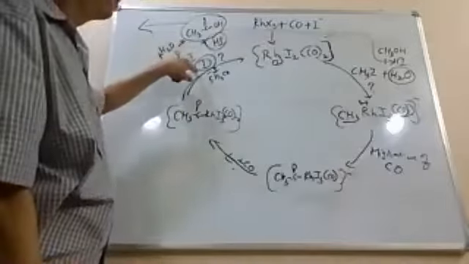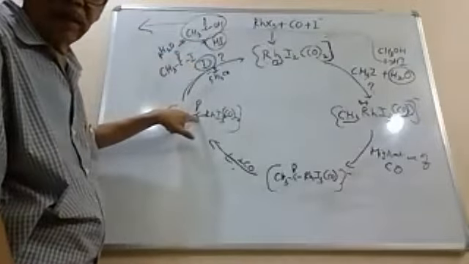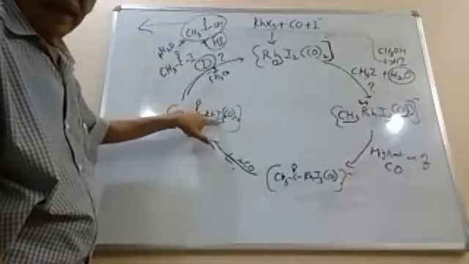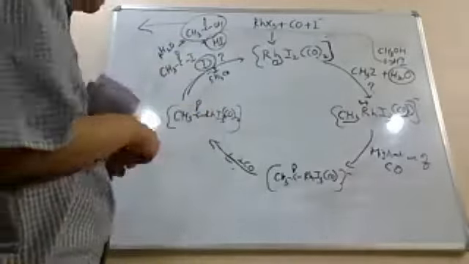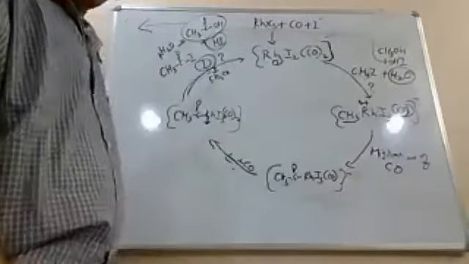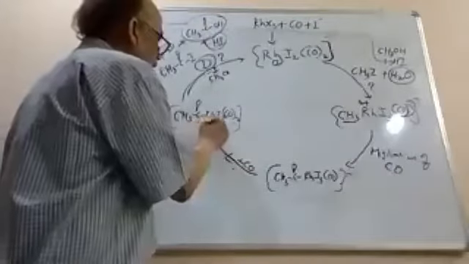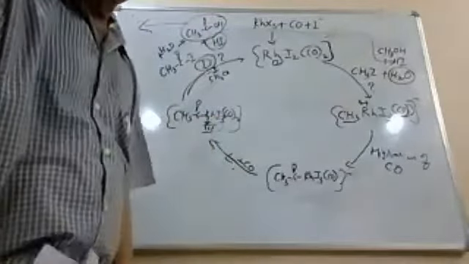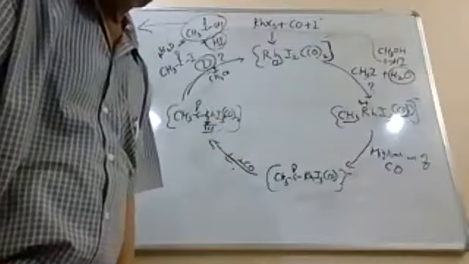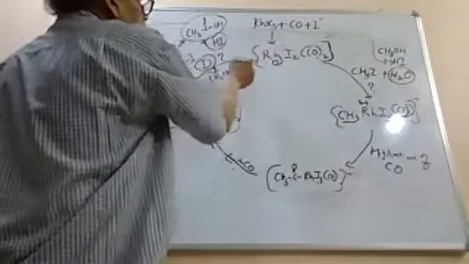What is happening in this process here? We are losing CH3CO and one of the I's. And what is the oxidation state of rhodium here? So rhodium 3, right? And rhodium 3 is now getting converted to rhodium 1.